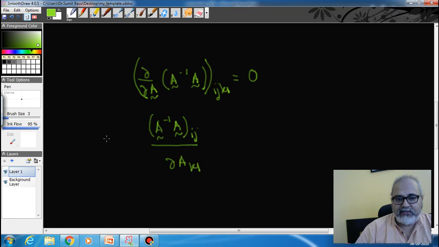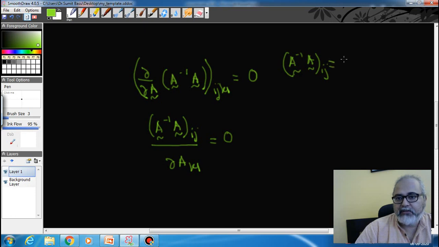So this has to be equal to 0. Now the ijth component of A inverse A can be written as A inverse I k A k j, right?